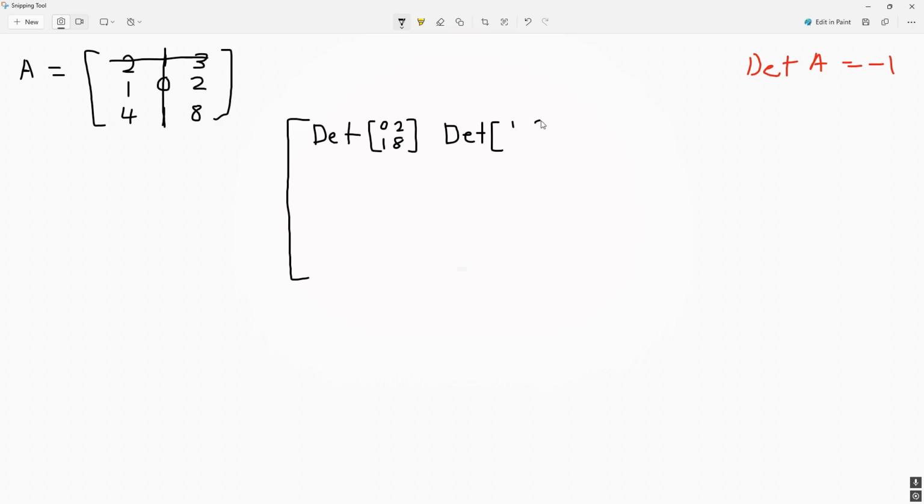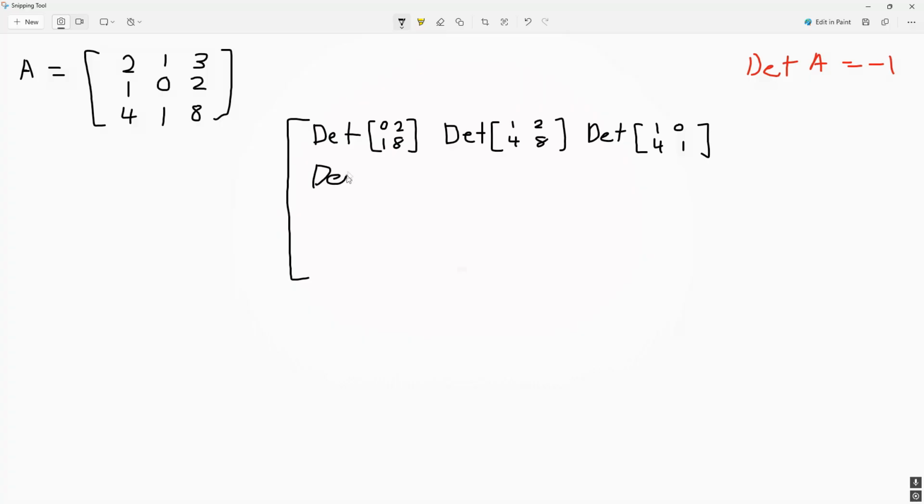And now the third one, first row, third column, 1 0 4 1, and then we just repeat it down here.